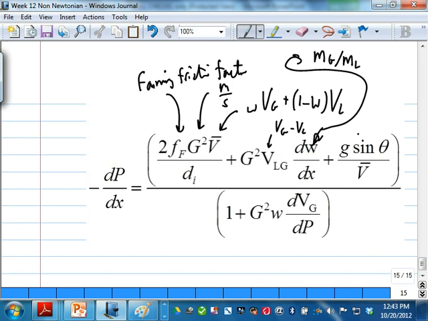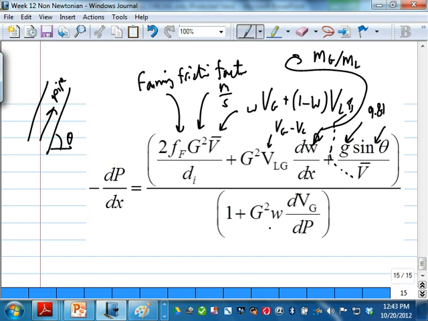G, well, that normally is 9.81. Sin theta is the angle of the pipe. The pipe like this, this is theta. V bar already same. Same this one. G, W, dVG, dP.